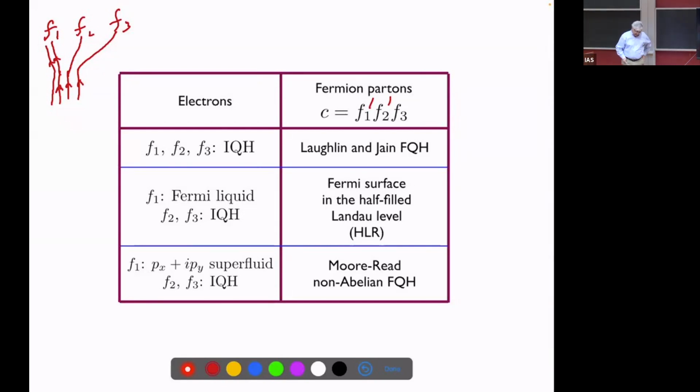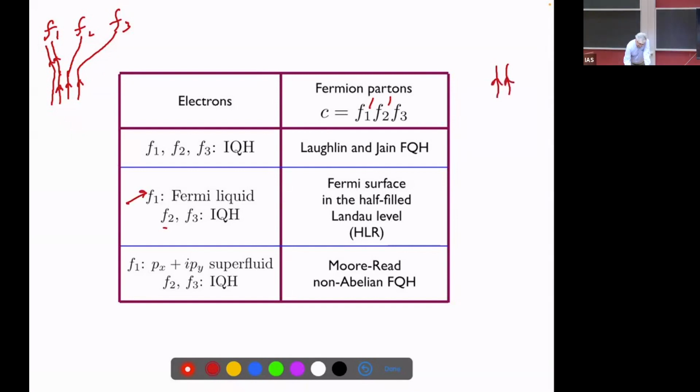All right, so there are now some other states you can get by this approach. You could imagine that one of the partons is effectively in 0 magnetic field, so that will form a Fermi surface, and the other partons, where there's a magnetic field, form an integer quantum Hall state. So in this case, the filling fraction is 1/2.